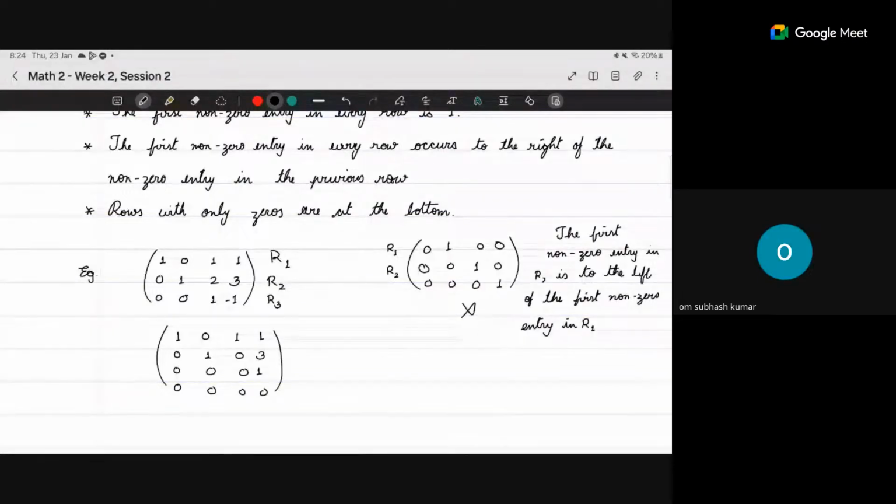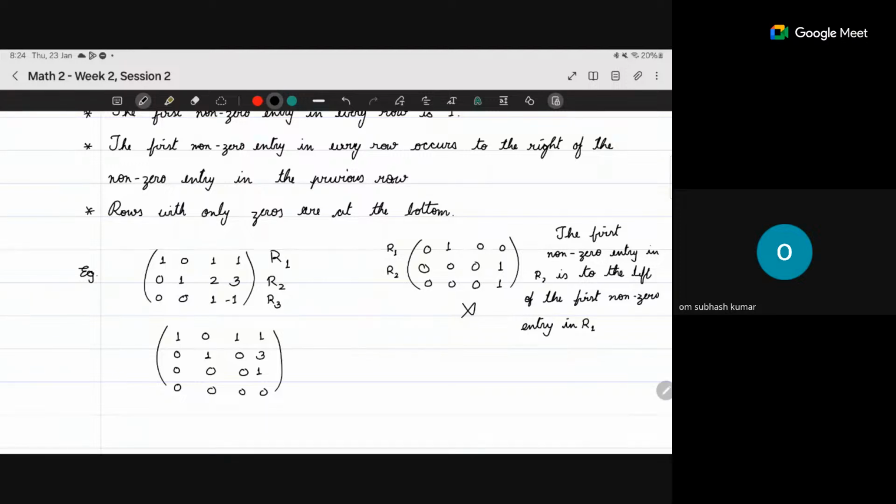Suppose, sir, in the second matrix, R1 has 0 in the last column, and below that, this is 1. You're saying this is 1, 1? No, R1 will have 0 in the last column, and below that, this is 1. This? Yes, sir. And this is 1, okay. The left side one is 0.